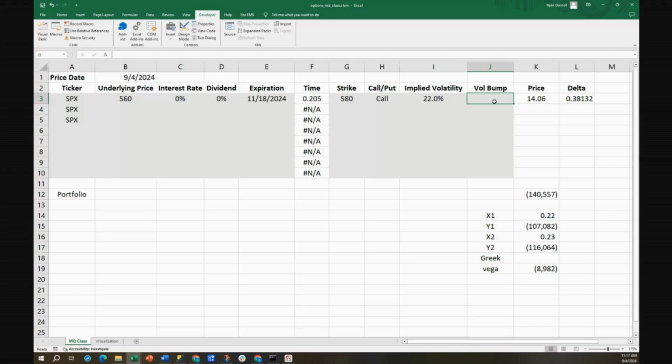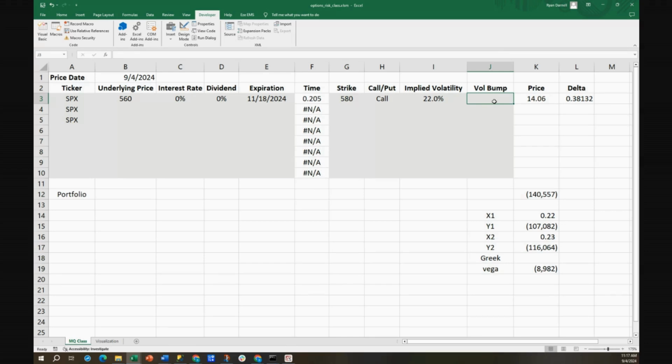It can be negative if it's a put, though different people measure that differently. The most common thing I've heard about delta is, hey, this is the probability it's going to end up in the money. That's okay for thinking about it, but it's not quite accurate.